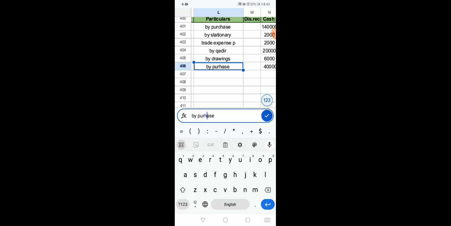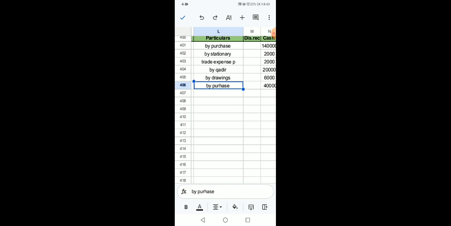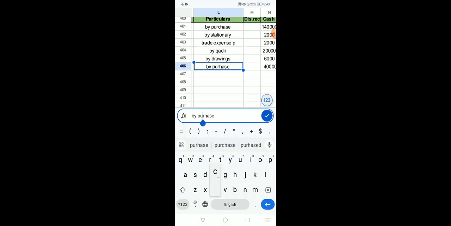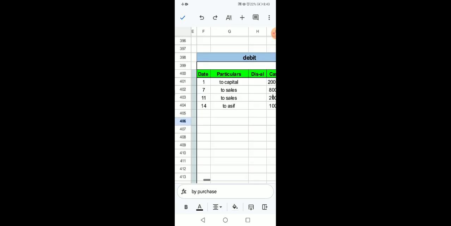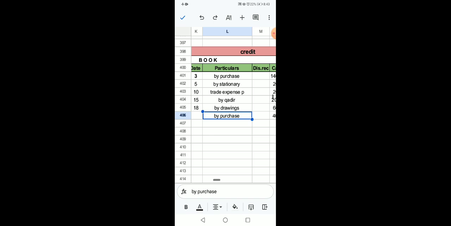Whatever we write in particulars on the credit side, we will be writing by, an additional word with it, and whatever we are writing on the debit side of the cash book, we will use the word to as a prefix. By purchase. Okay, now see its date, which is 22. So you will be mentioning 22 in date column. This way entry number 22 we had completed, as cash was supposed to be written on credit side of cash book. We have written entry number 22 completed. Mark it as it has been done.